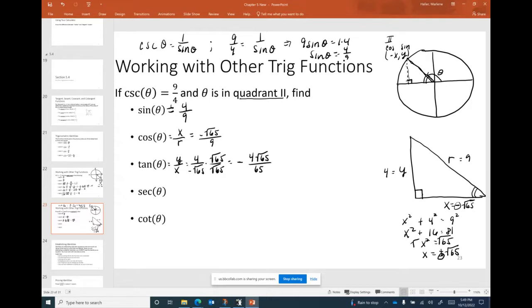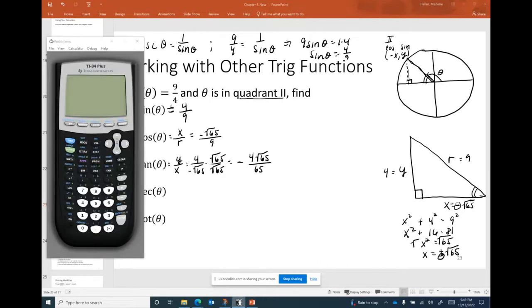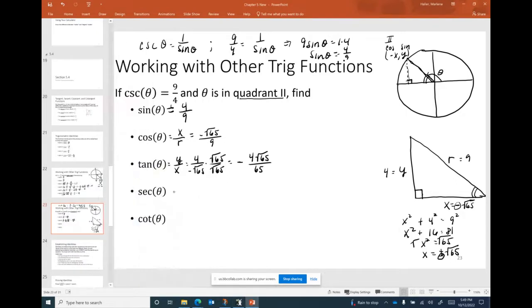Okay, much better. Now the secant, I don't want you right now. You go away, calculator. The secant, its ratio definition is the radius over x, right? So that's going to be 9 is our radius, x is negative square root 65.